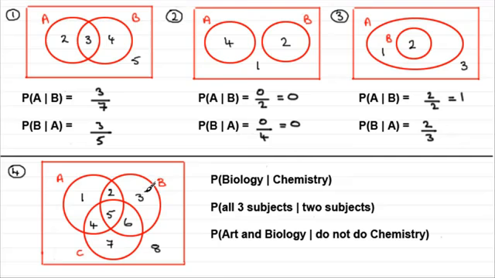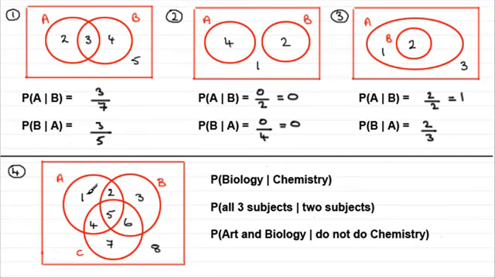Okay, now we'll come on to number 4. In this one, we've got, say, 3 subjects. A for art, B for biology, and let's say C for chemistry. And I've got all the numbers here of different numbers of people doing various subjects. Just quickly run through some of these.